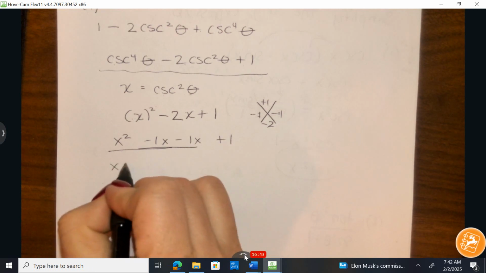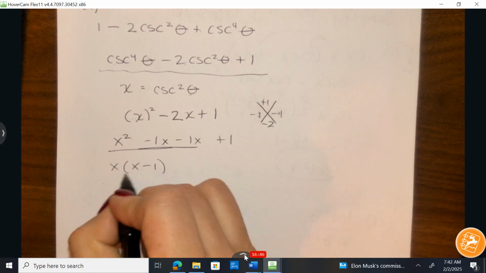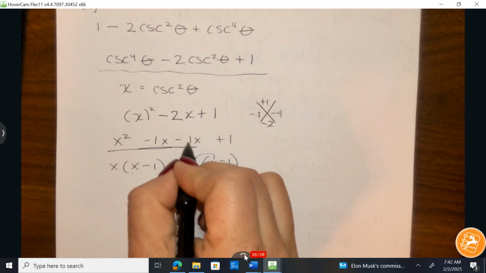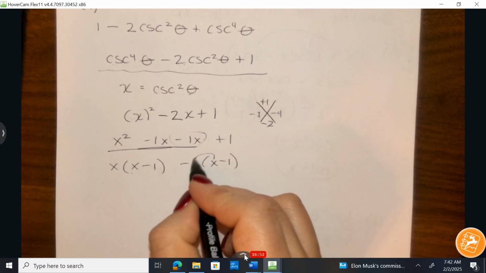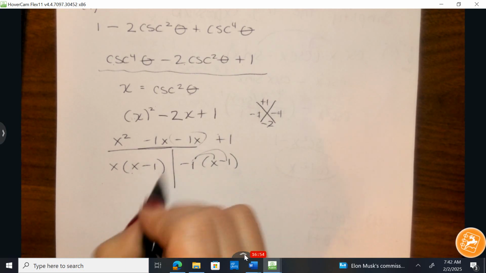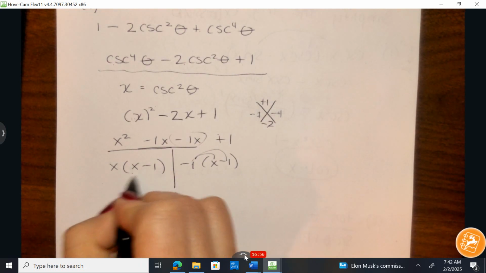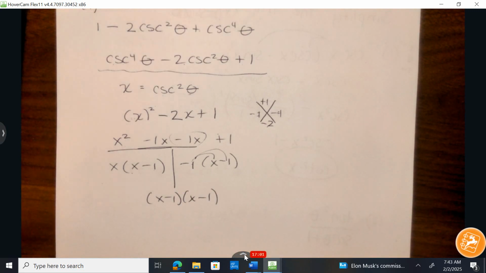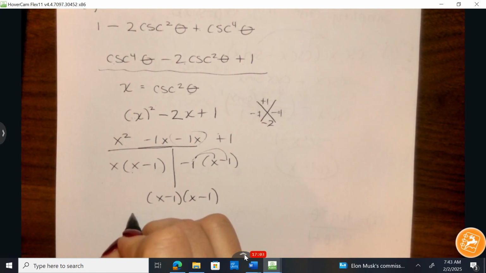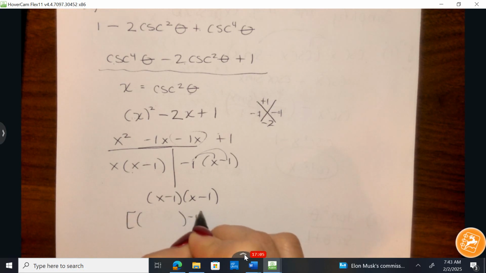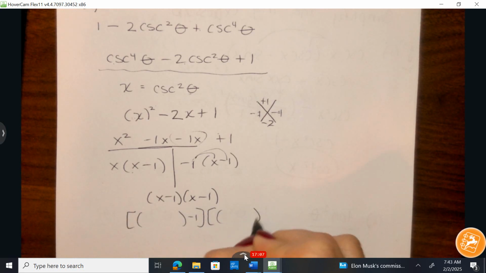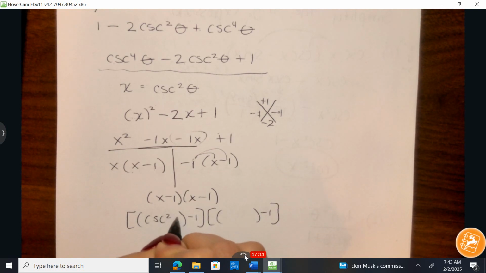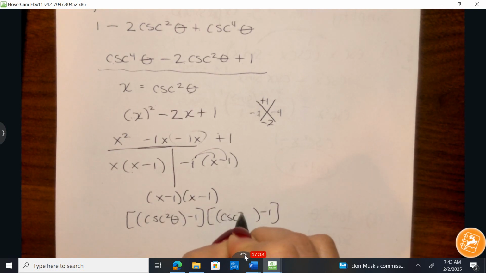I can take out an x, and I'm left with x minus 1. I'm going to rewrite x minus 1, and in front, what quantity times x is negative 1x. And negative 1 times negative 1 is positive 1. They both contain an x minus 1. In front of the first is an x, in front of the second is a minus 1. Well, what is x? X is really the quantity cosecant squared theta.